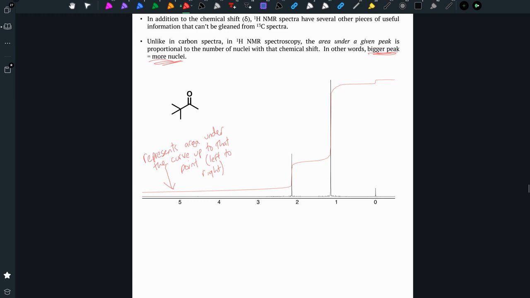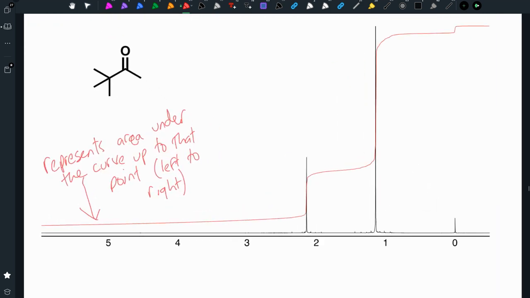When we get to our first peak, you see it jumps up. What you can do is measure this height. I think I'll change color. You can measure this height difference from before it hit the peak to after, right? And you can compare it to this height difference for this peak.